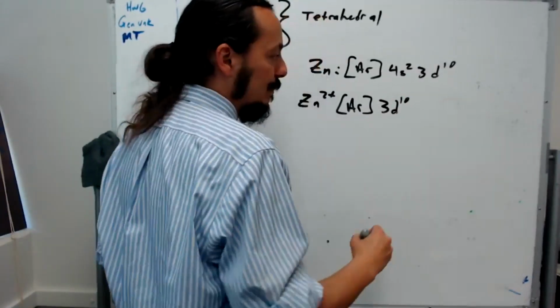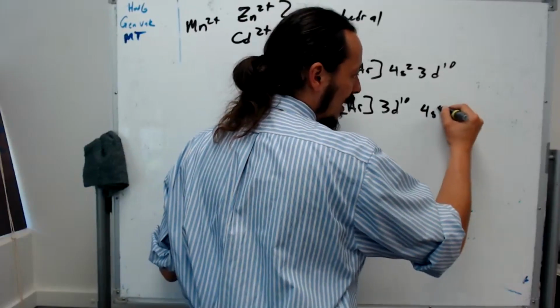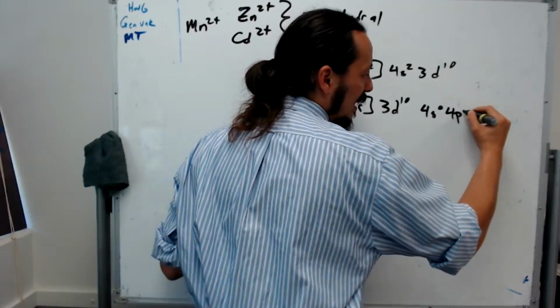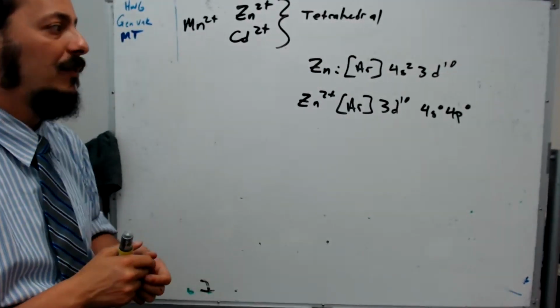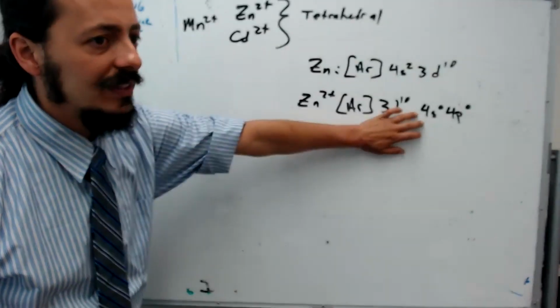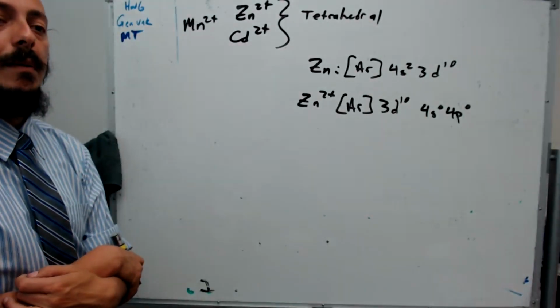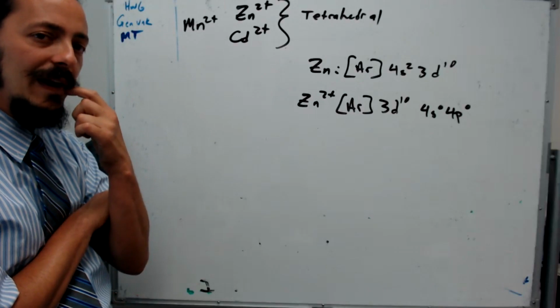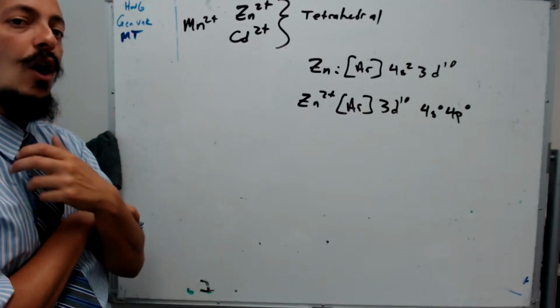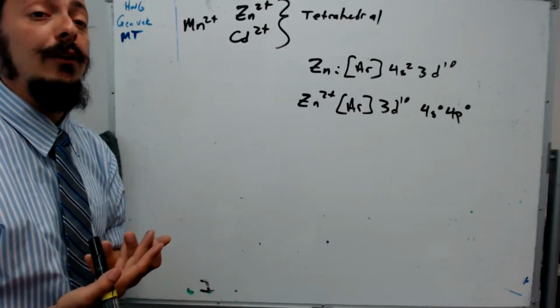I'm going to write something weird over here: 4s0, 4p0. We forget sometimes that these orbitals exist even if they don't have electrons in them. That s orbital and that p orbital are still there, and we can still have other materials interact with them.